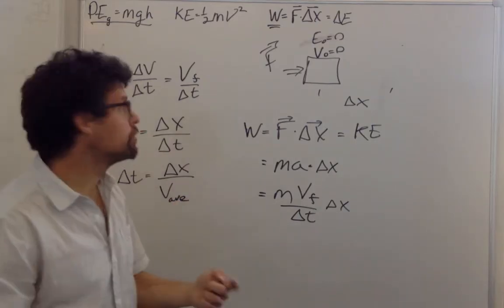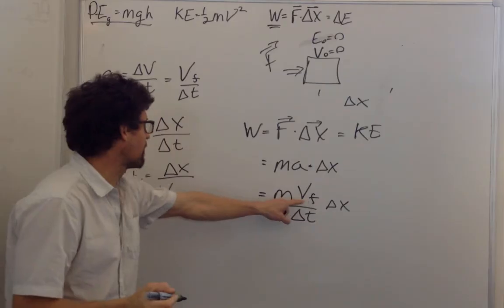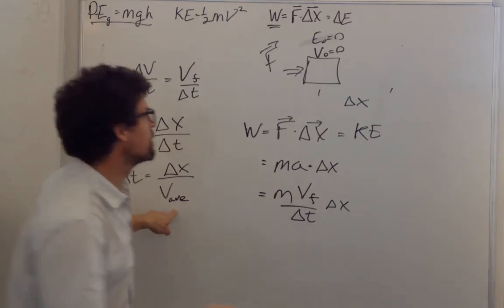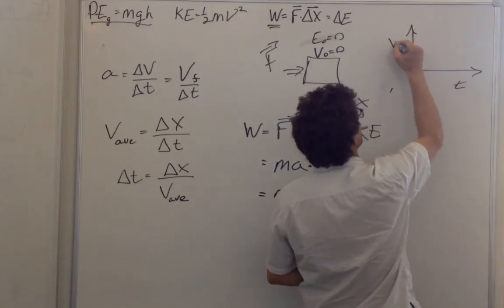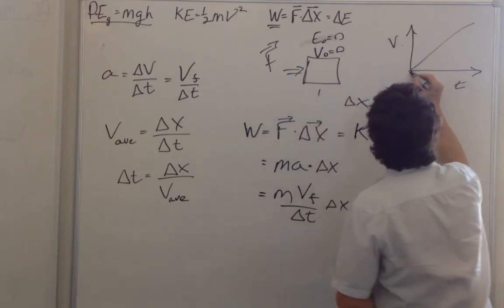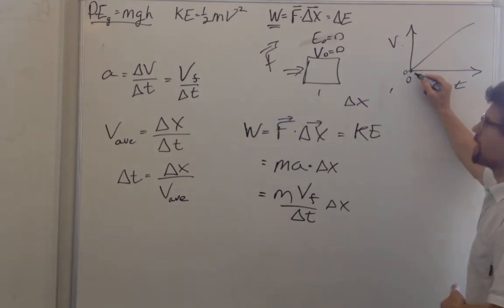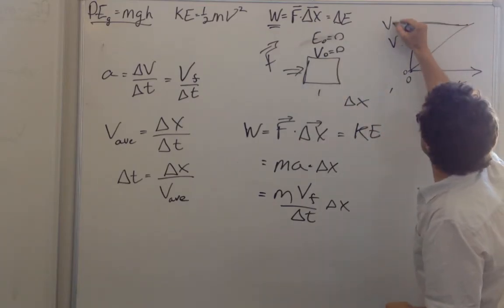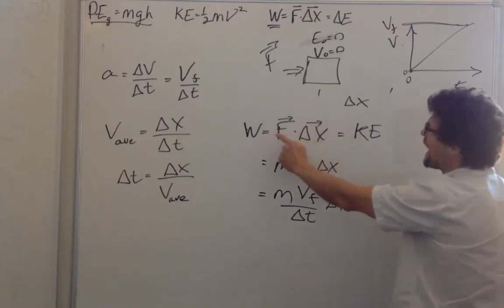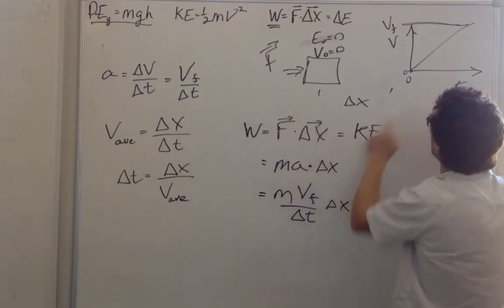Now the last substitution is important. How does the average velocity and the final velocity relate? If we were to graph velocity versus time, it would be a straight line. We start at 0 because we're at rest. And here's my final velocity. And if the force is constant, then the acceleration must be constant.